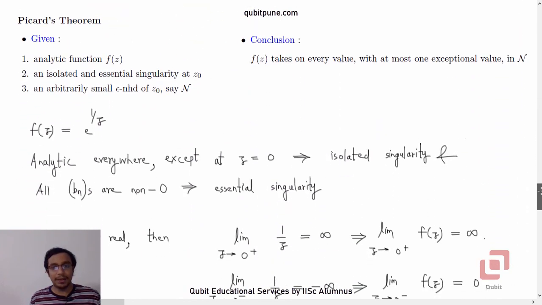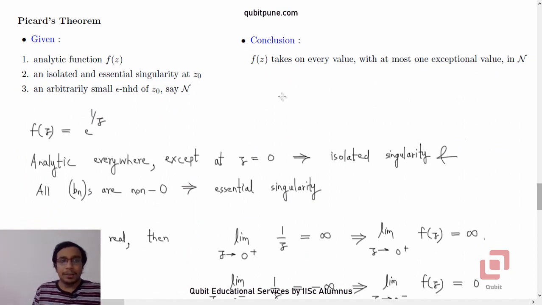Now let us go to Picard's theorem. Picard's theorem has 3 things given, which should be there so that we can have the conclusion of the theorem satisfied. First, we have an analytic function f of z. Second, we have an isolated singularity as well as an essential singularity. The singularity has to be isolated, meaning in some neighborhood of it there shouldn't be any other singularity.